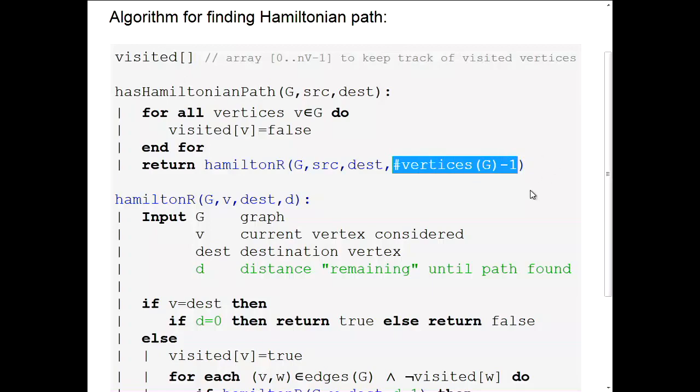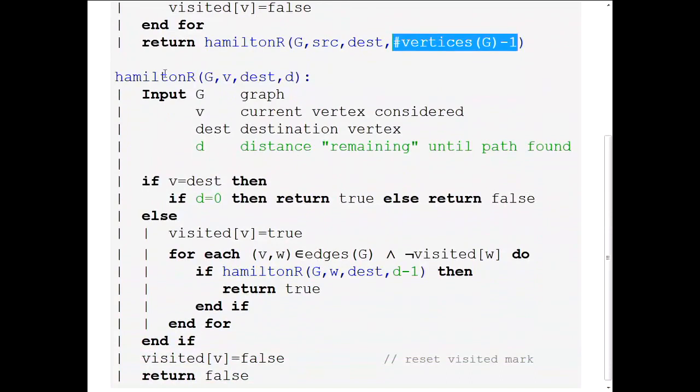that we have visited all the vertices. Now, the Hamiltonian recursive algorithm takes as input a graph, the vertex where we currently are, the destination vertex where we want to finally end. If we're looking for a circuit, this would be the source node that we want to start with.